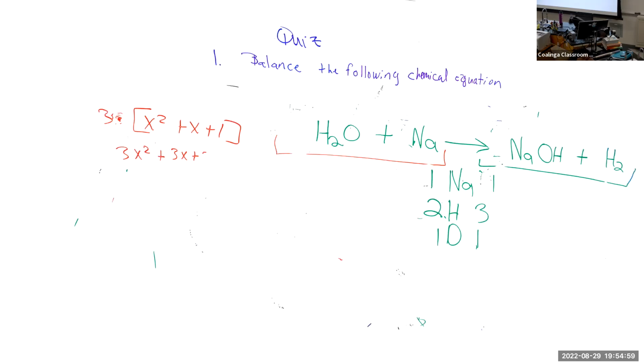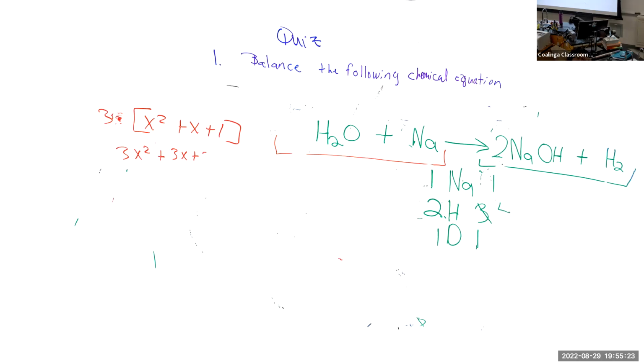So we want to try to get these both on the same level, right? Same number on both sides. So if I put a 2 here, that would give me my second hydrogen, right? That would give me that even number. Okay, so then that would give me a total of 4.